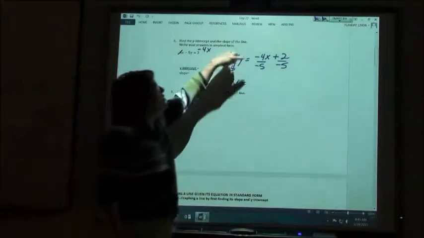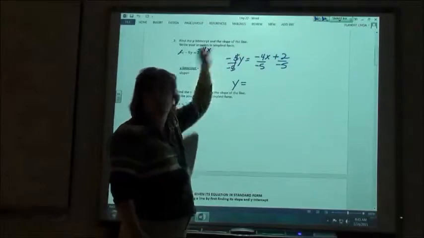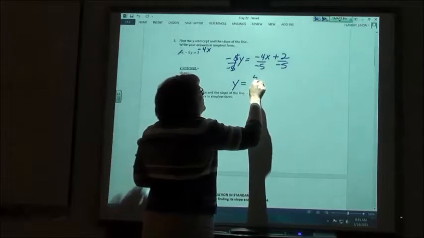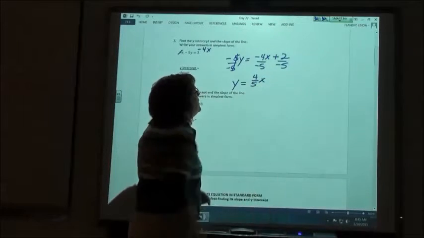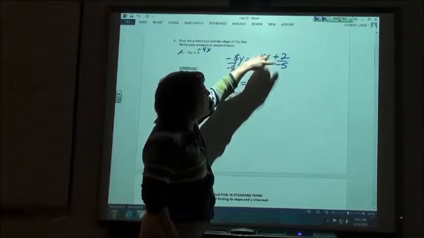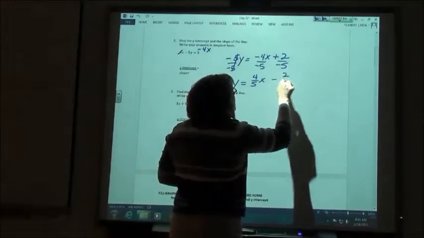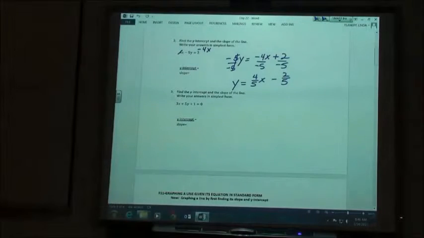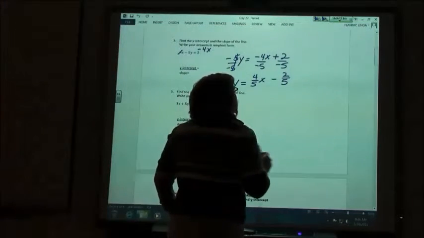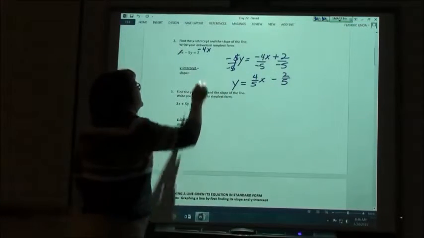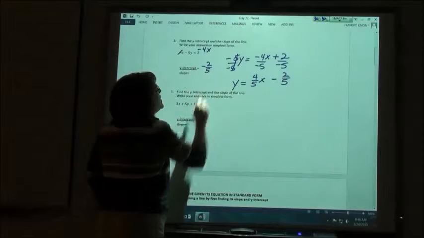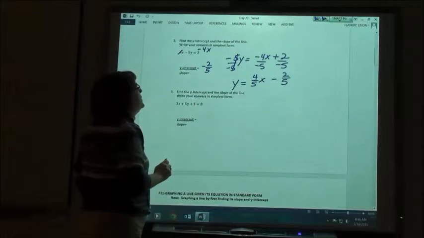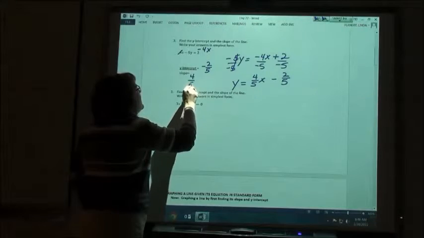Now here on my fractions I have a negative over a negative, so that's going to make that a positive 4/5 x. Here I have a positive over a negative, which is going to make that a negative 2/5 then. So picking out my y-intercept is negative 2/5, and my slope is 4/5. 4/5, exactly.